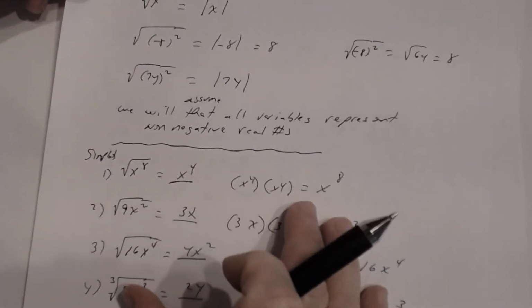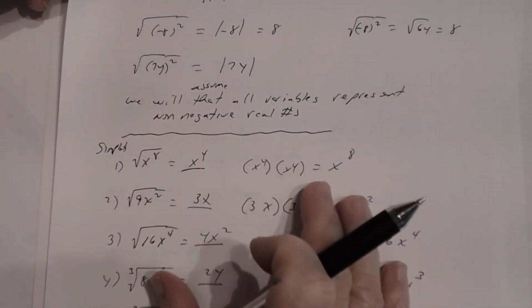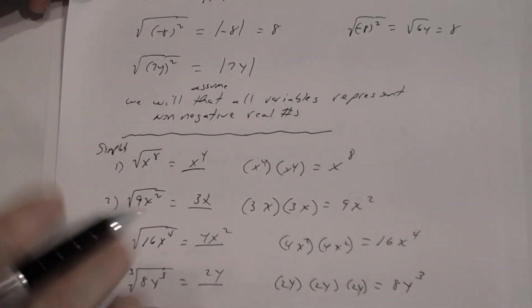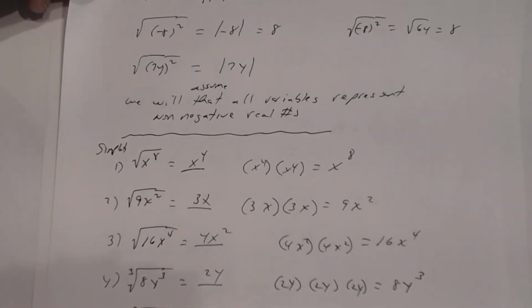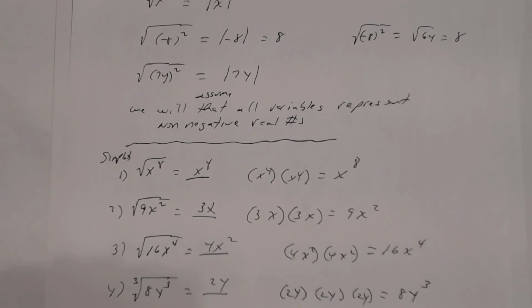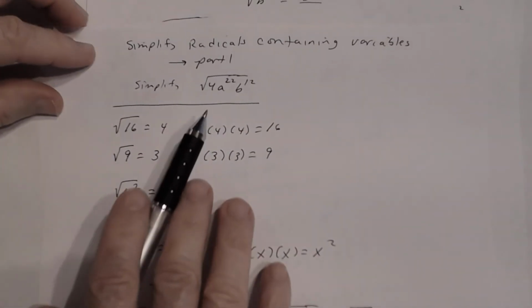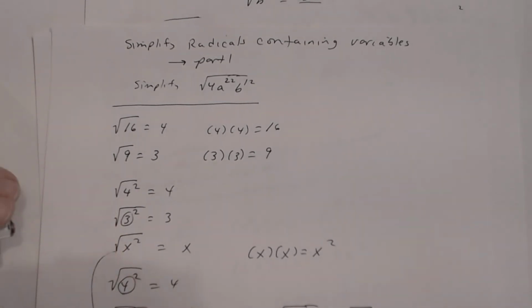You're done. From this point forward, when we talk about radical expressions, all of our variables are going to represent non-negative real numbers. Okay, so that's going to be the end of this lesson dealing with simplifying radicals containing variables.